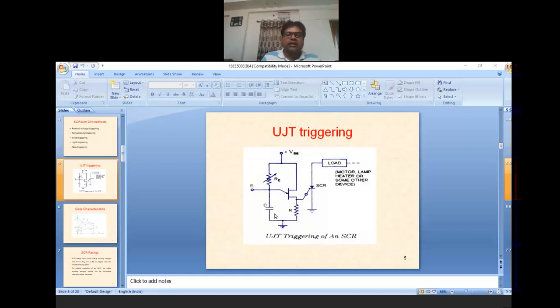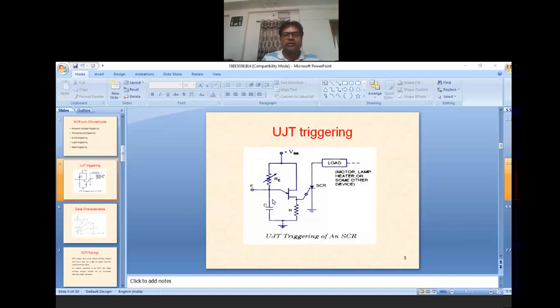The time in which this capacitor builds up to its rated voltage depends on this resistance R E, which is a variable resistance. By adjusting the value of this resistance, you can change the voltage building time of this capacitor.